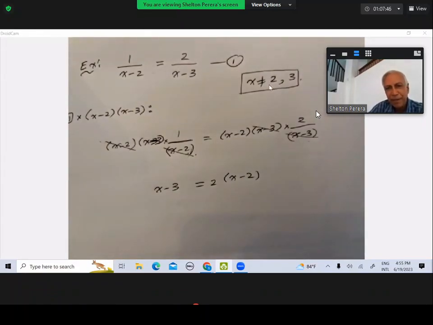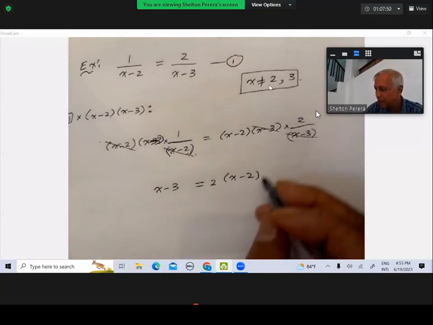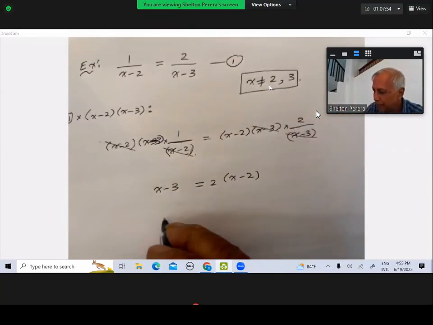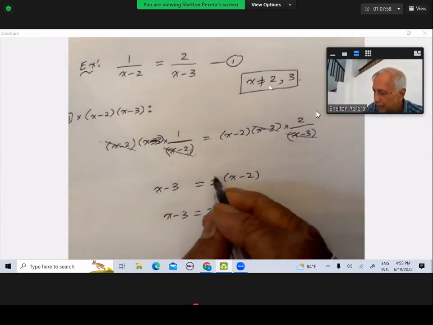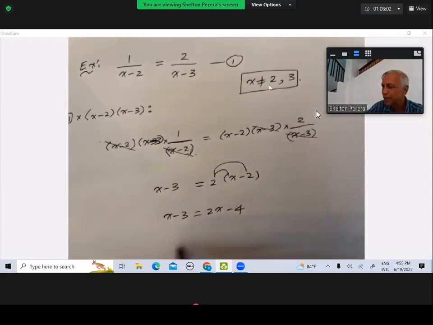So this cancellation is okay. All this is done under this condition. So now this is x minus 3 equals 2x, 2 times, this is minus 4. Don't make silly mistakes. Here also, since this is bigger, you can keep it on that side to avoid negative coefficients.